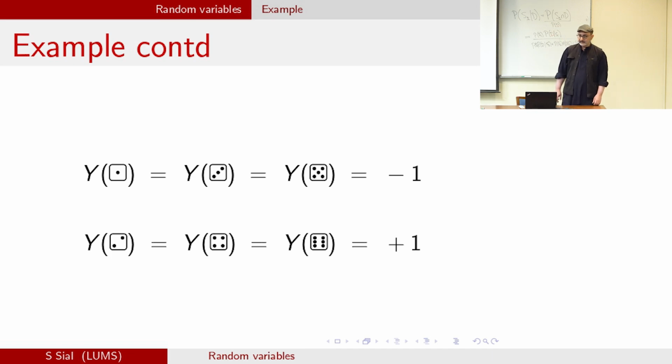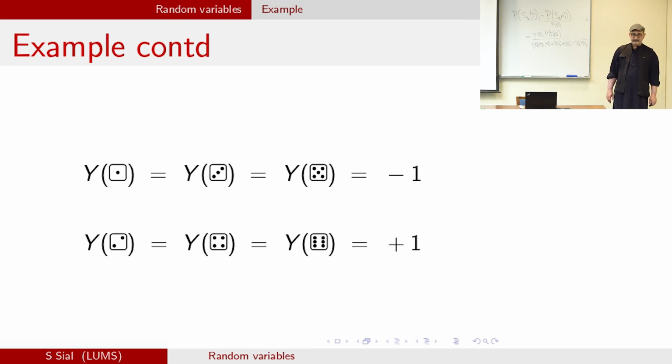So this would be one way of representing it. If you had these inputs, 1, 3, and 5, Y is taking the value -1. If you had these inputs, roll to 2, roll to 4, roll to 6, then Y is taking the value +1.